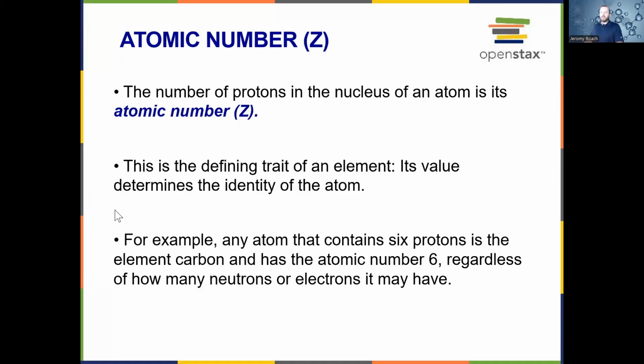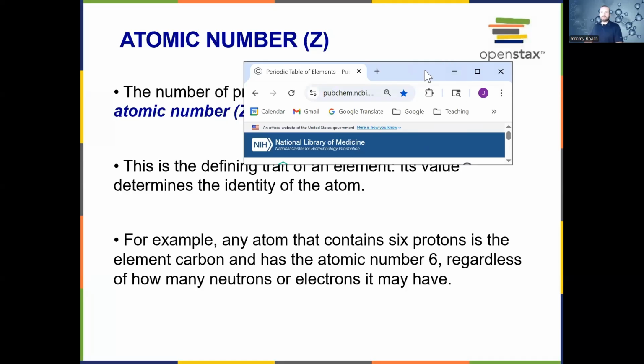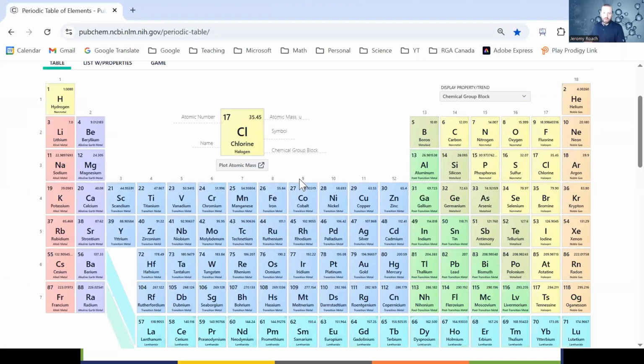The atomic number is how many protons are in a nucleus. We represent the atomic number as Z. And its value determines the identity of an atom. So what this means is we can figure out what these different atoms are depending on how many protons they have. So here's the periodic table.